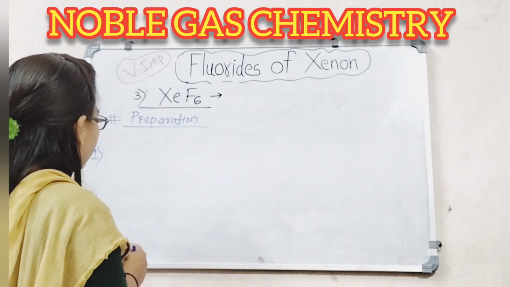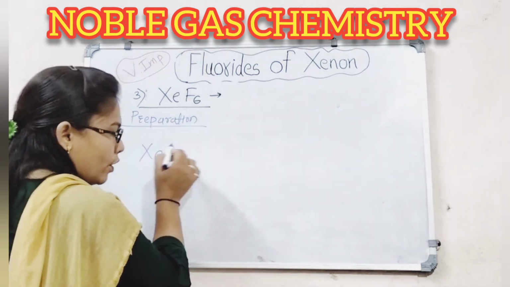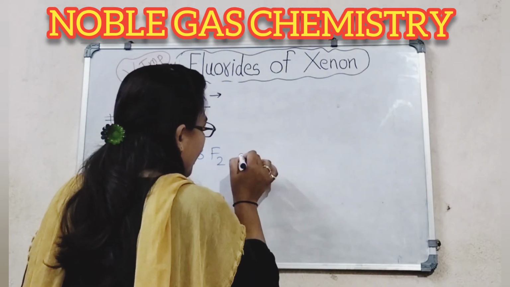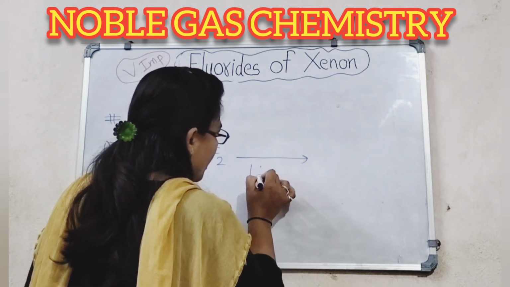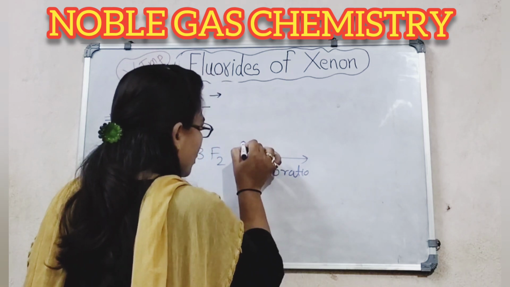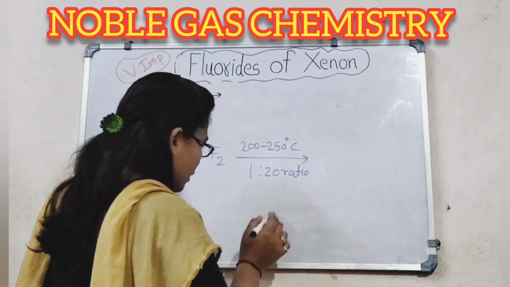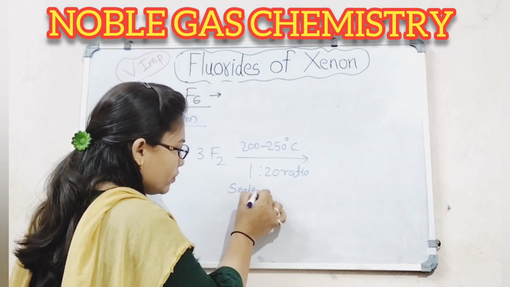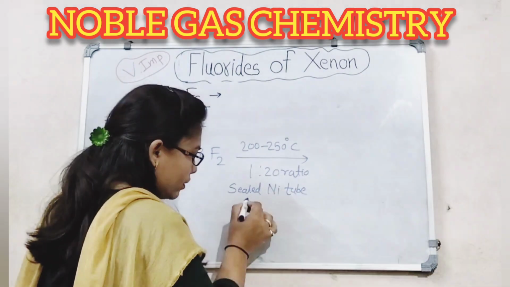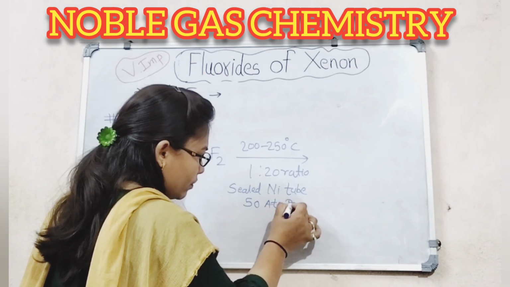First method: xenon hexafluoride is prepared by heating a mixture of xenon and fluorine in 1:20 ratio at 200 to 250 degrees Celsius in a sealed nickel tube at 50 atmospheric pressure.